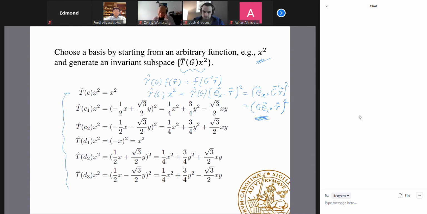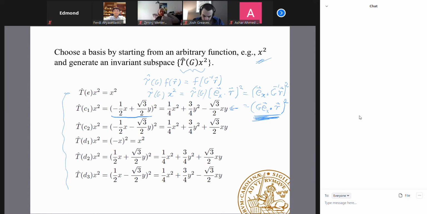So we see that this thing here is just that thing here, if you look at the table and you just take the square. So we get that expression here, and so on. We apply these symmetry operators on the x squared.